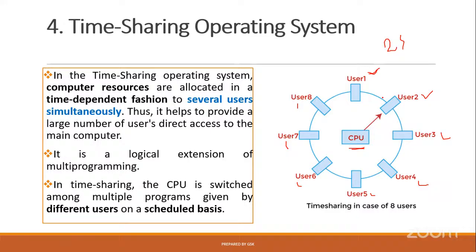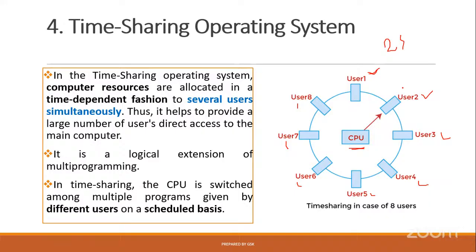The meaning is, assume that all 8 users submitted their tasks to the CPU. Only one CPU is there. One CPU has to execute all the jobs. But the working procedure is, user 1's task will be executed for the first 2 seconds. First 2 seconds only. The task may not be completed.